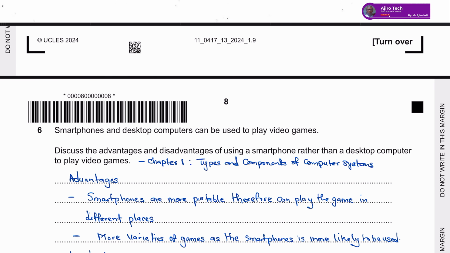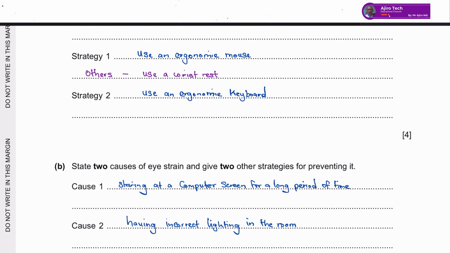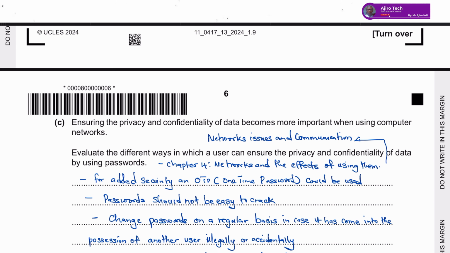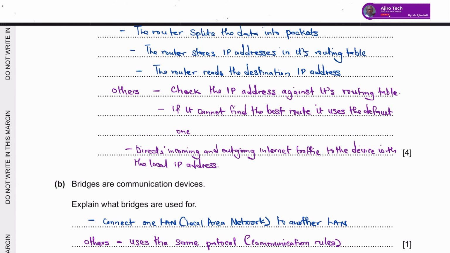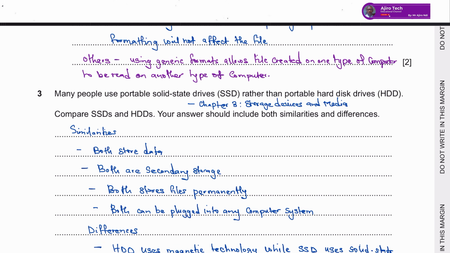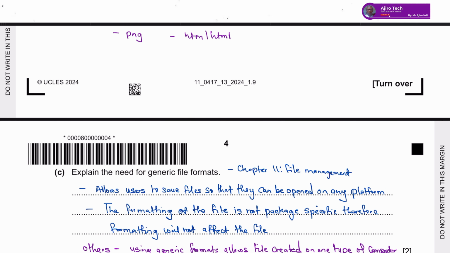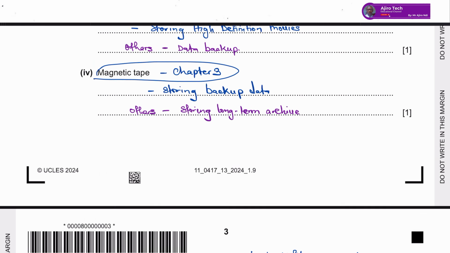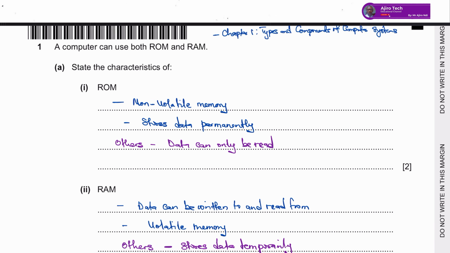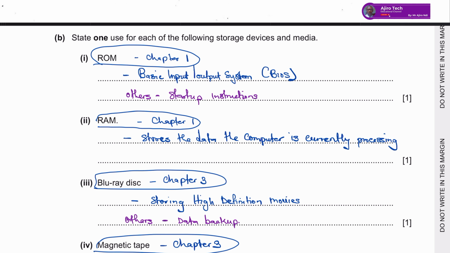We saw chapter 1, chapter 5, chapter 4, chapter 4 again, chapter 3, chapter 11, chapter 11. Chapter 3 came out. Chapter 3 is storage devices and media, if you're wondering.